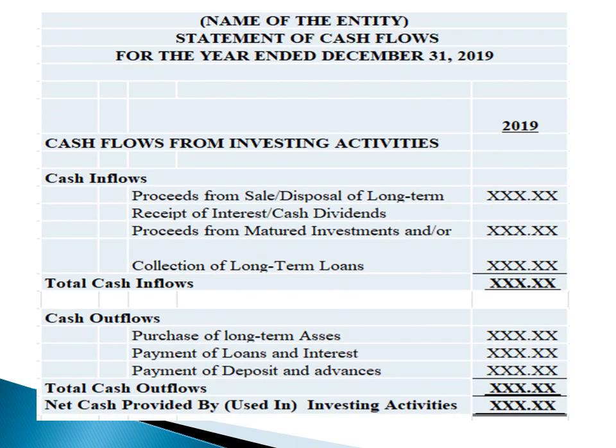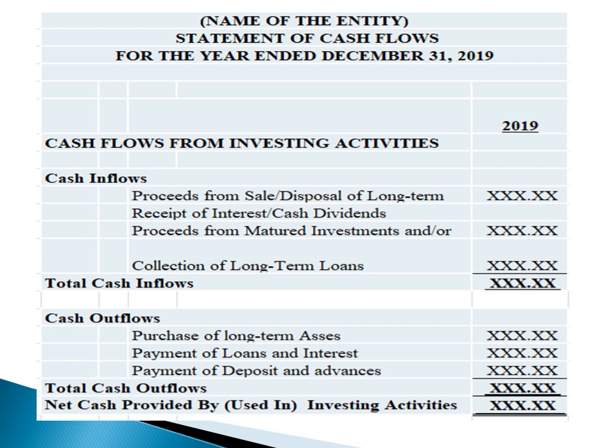Next, we have our cash flow from investing. This is also the pro forma entry. If you would see, it's proceeds from sale or disposal of long-term assets, receipt of interest or cash dividend from our investment bond. Take note because the cash dividend we receive from our equity or given to our stockholders will be on the financing.